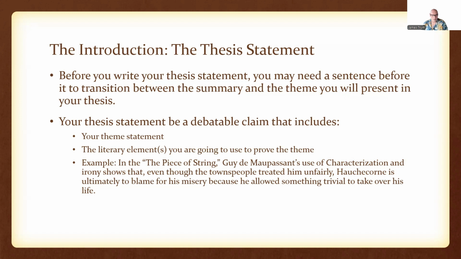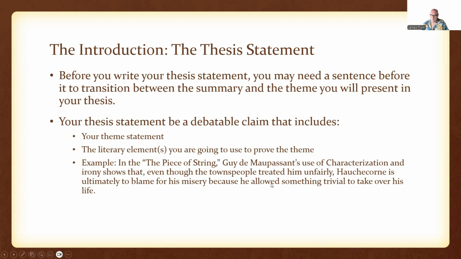So, for example, in A Piece of String, Guy de Maupassant's use of characterization and irony shows that even though the townspeople treated him unfairly, Hochecorn is ultimately to blame for his misery because he allowed something trivial to take over his life. So using that thesis statement, I've provided a claim, that he's ultimately to blame for his misery.